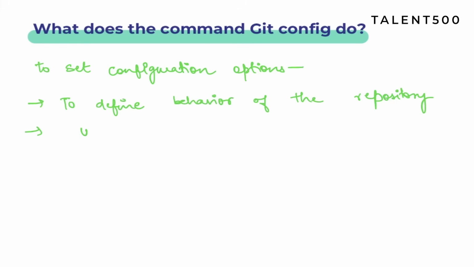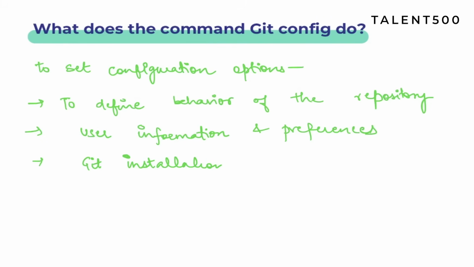Second is to provide some user information and preferences, whatever the user is actually opting for. Also, you can provide some Git installation based configurations. Okay, so all of these things your git config command can actually do.